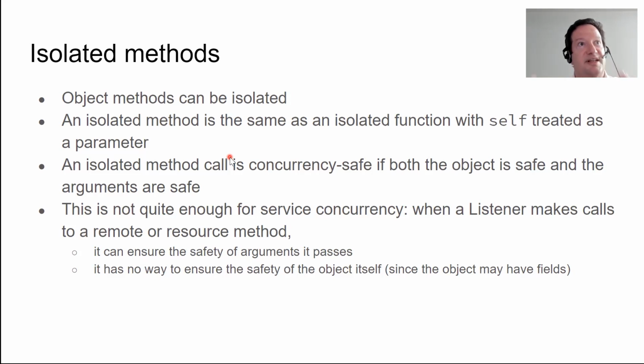So the listener is in control of the parameters and can make sure that they are concurrency safe. On the other hand, it's not in control of the service object. The service object is provided by the user, and it can have mutable state. So just this concept of an isolated method is not enough for the listener to be able to do what we want to do. We need one more thing.